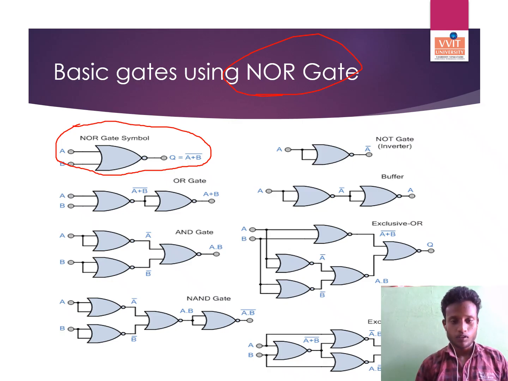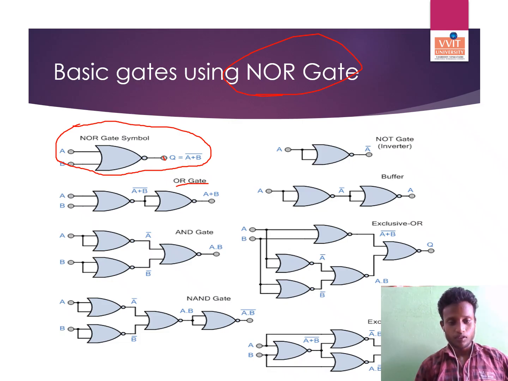Using the NOR gate we can make a NOT gate: if you join both inputs, it acts as a NOT gate, and the output is the complement of the input. Now we add the NOT gate here, so the bar cancels and it comes as A plus B, the OR gate function.